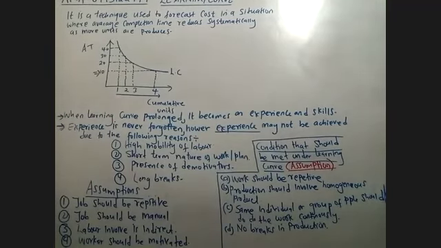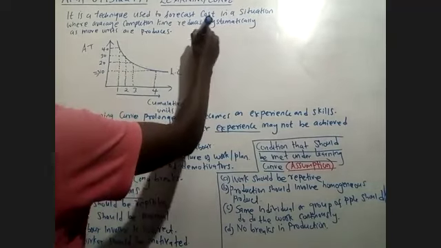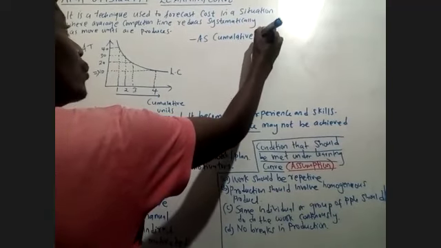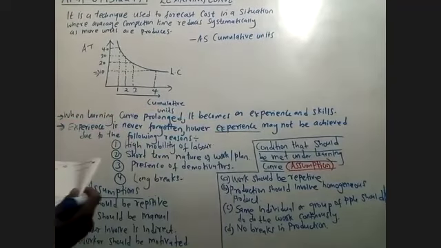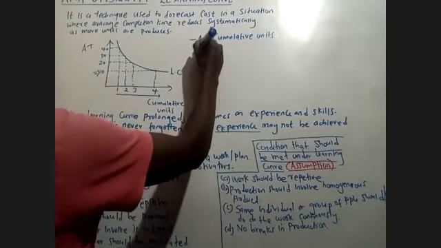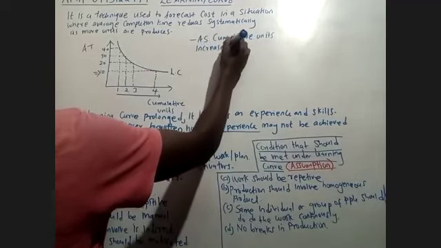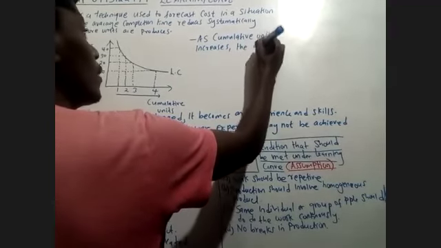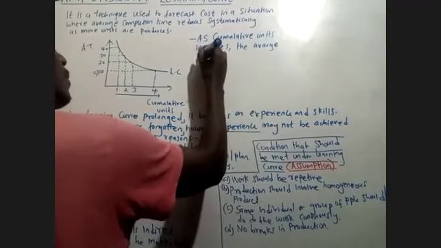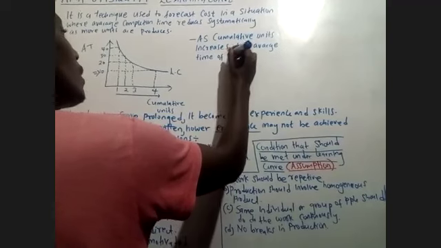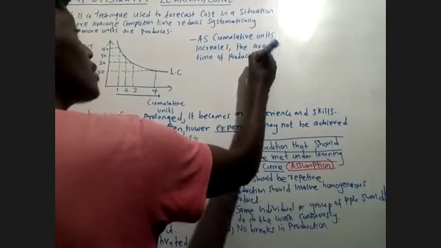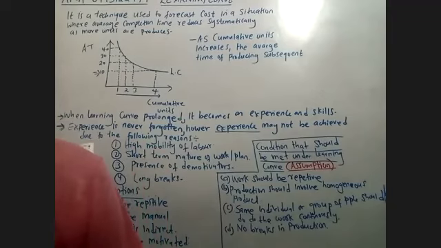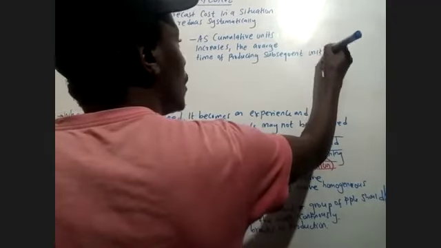So let us say, as cumulative units increase, the average time of producing subsequent units reduces.